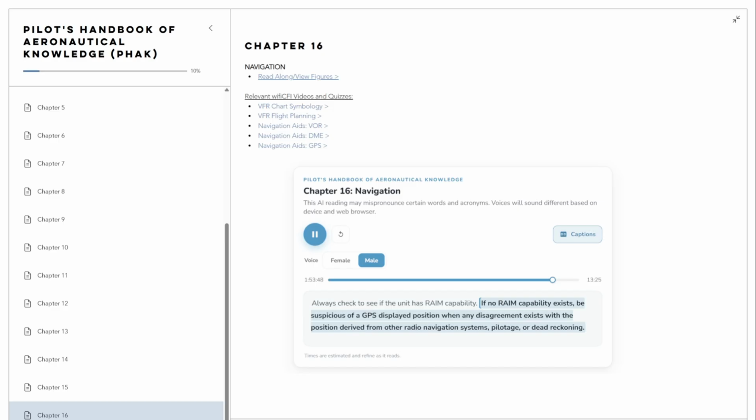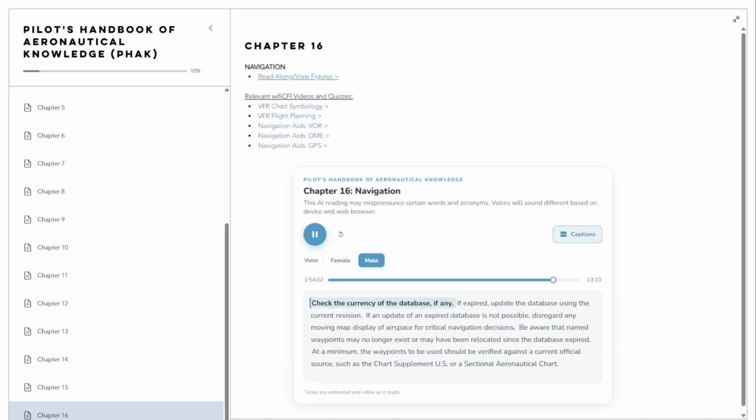If no RAIM capability exists, be suspicious of a GPS displayed position when any disagreement exists with the position derived from other radio navigation systems, pilotage, or dead reckoning. Check the currency of the database, if any. If expired, update the database using the current revision.